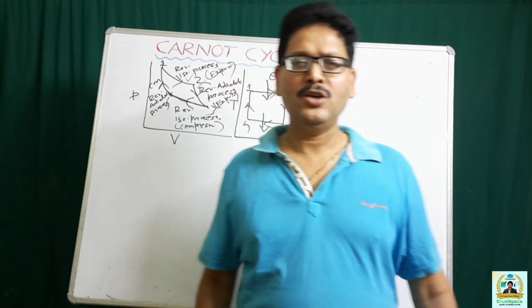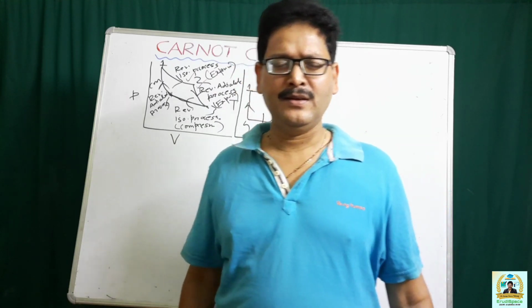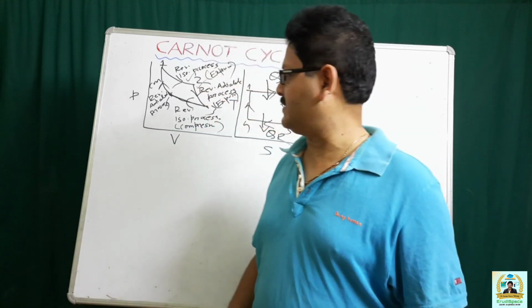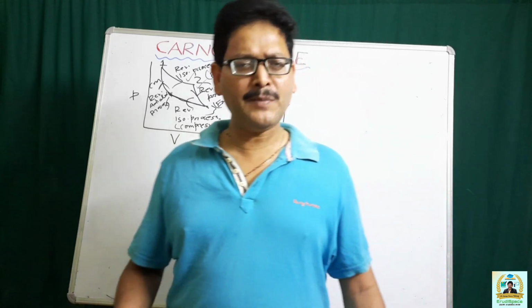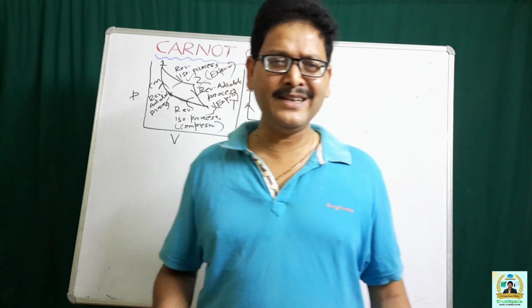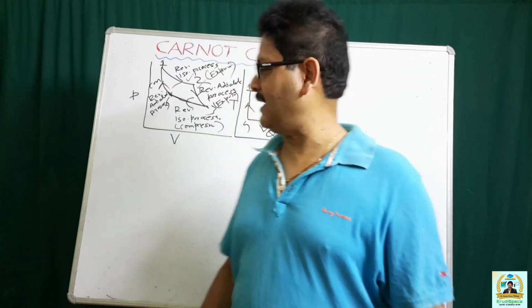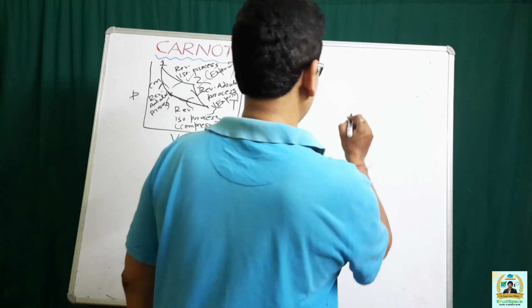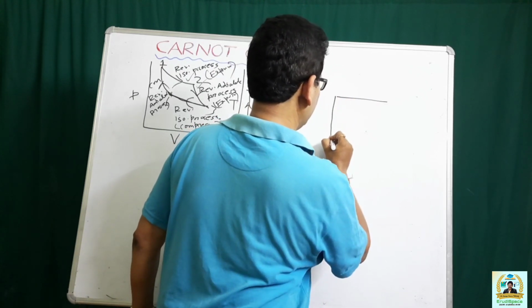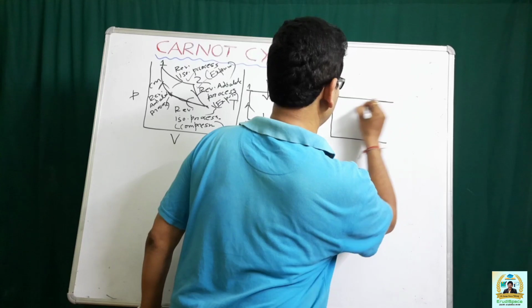Now, to analyze this, first let us consider a piston and cylinder system having some amount of working fluid in it, and that will help us understand the Carnot cycle in detail. So let us consider a piston and cylinder arrangement.